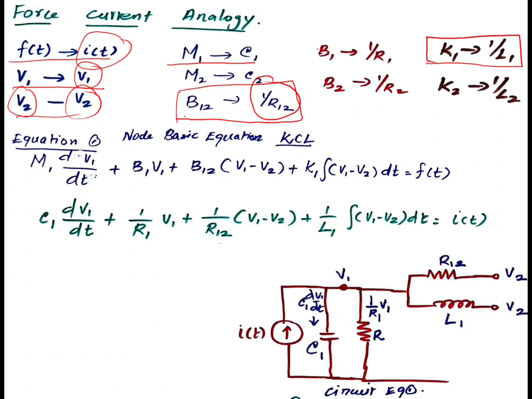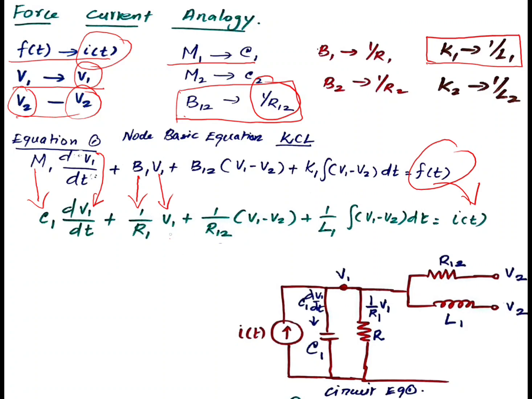I am simply replacing the terms in the first equation and the second equation, starting with force equivalent to current, then mass is equivalent to capacitor, velocity is equivalent to voltage, B is equivalent to conductance, that is reciprocal of resistance.